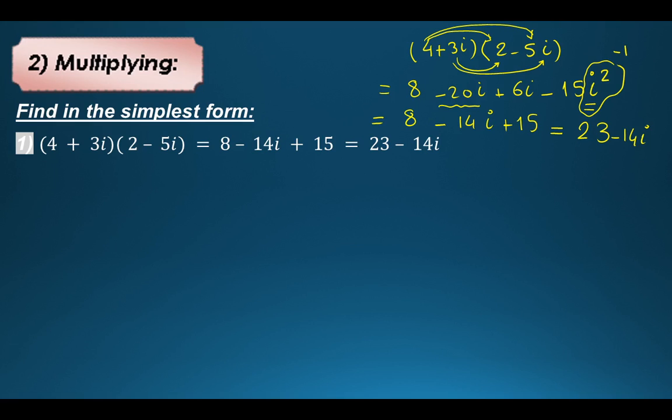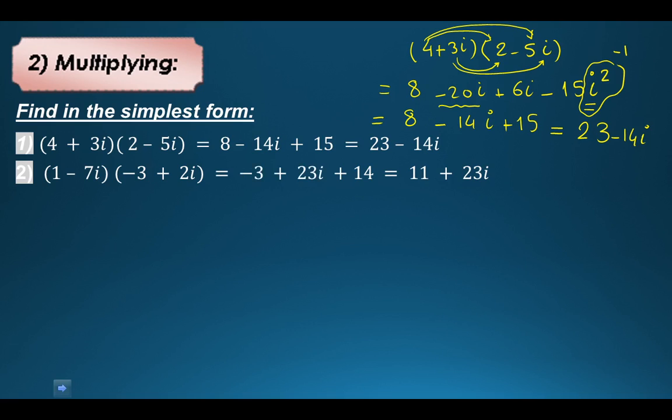Okay, another example. Here we want to find 1 minus 7i multiplied by negative 3 plus 2i. First we are going to distribute 1 over the two terms of the bracket.